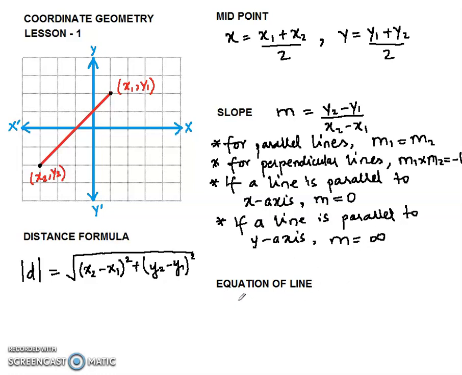To find the equation of a line, we have two possible formulas. Most of the time we opt for y equals mx plus c. We can also use y minus y1 equals m times (x minus x1). Now in the first formula, if we know the slope and the y-intercept, then we can use this particular formula.